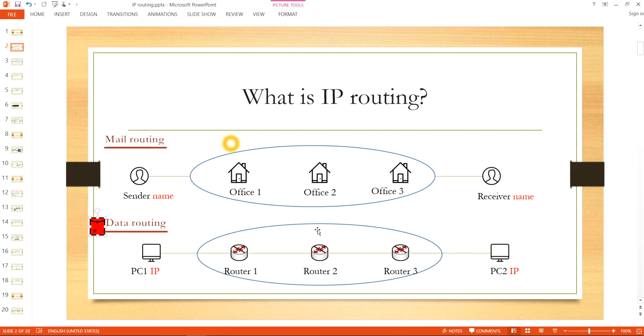The IP traffic he wants to send, maybe this is a financial report, maybe an email, maybe a file upload. When he wants to send this data, he only knows his local office. In networking terms, we call this a default gateway. He only knows his default gateway, which is the router he is connected to. So he will send the traffic toward his gateway.